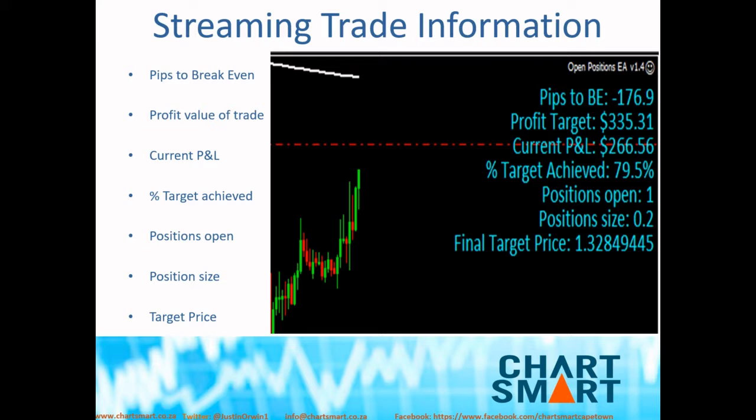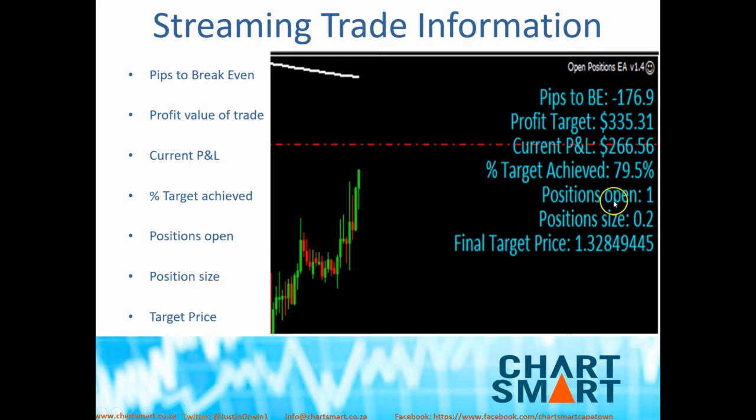you already are. Then finally, it's going to tell you how many positions you have open. You might be building a position over 2, 3, 4 positions. Now, if you've taken multiple positions, it's often easy to forget how many you have open and how big the total combined position size is.